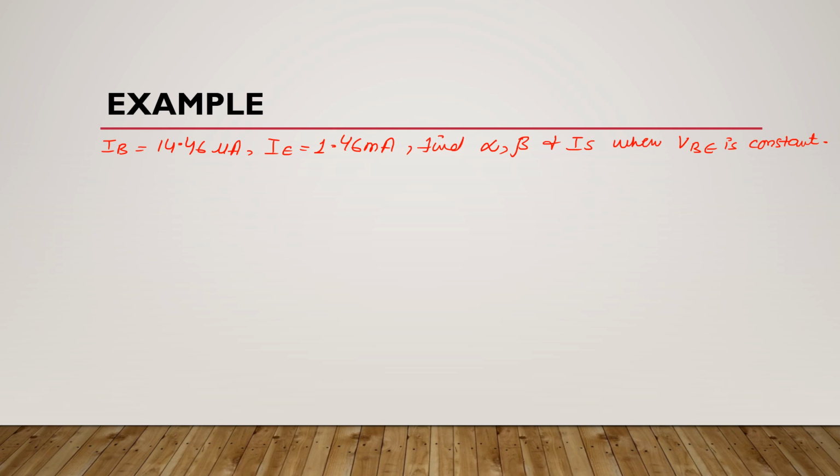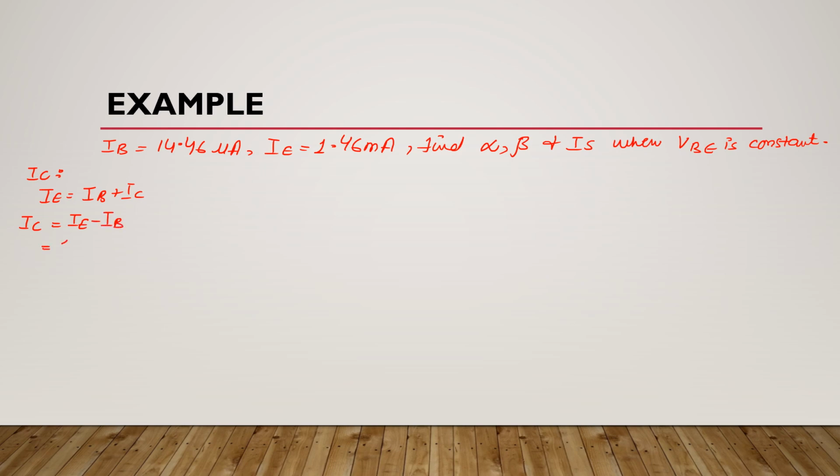First, we will find collector current IC. From equation 1, we know that IE is equal to IB plus IC. So if we rearrange this equation, we get IC is equal to IE minus IB. Now we'll put values here.